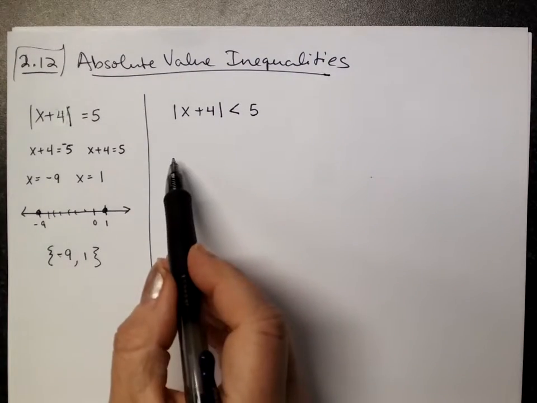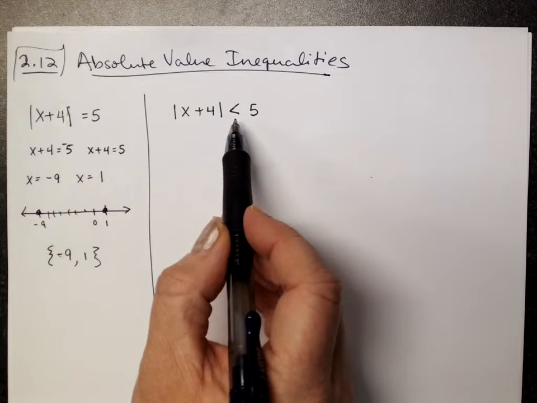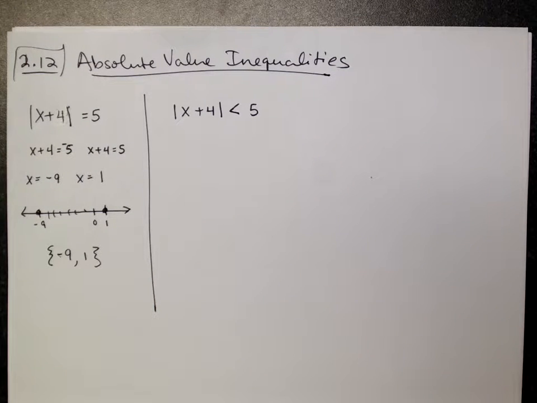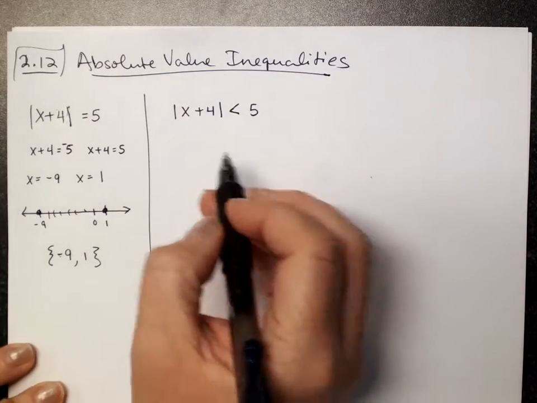We want to find our boundary points, and then we just look back to the inequality symbol to tell us what happens with those boundary points. What part of the graph do we shade in starting at the boundary points? The inequality symbol and the direction of it will tell us which way. But first, let's find the boundary points.